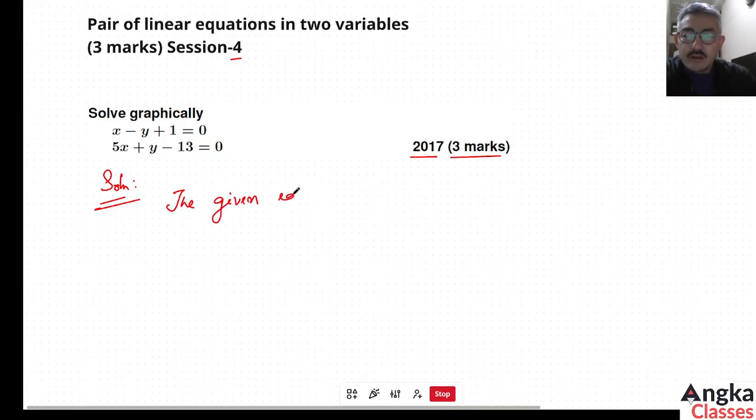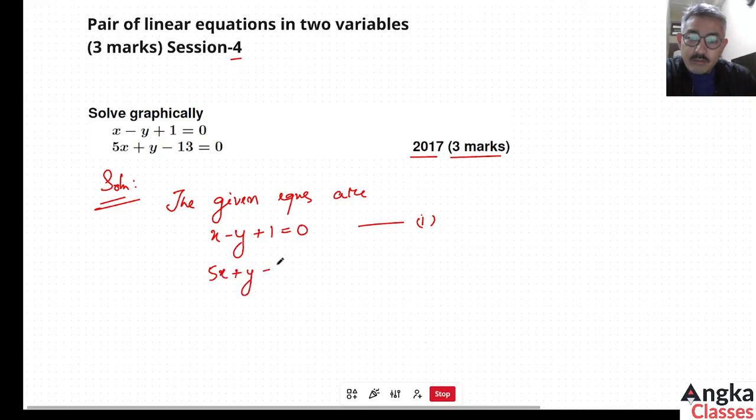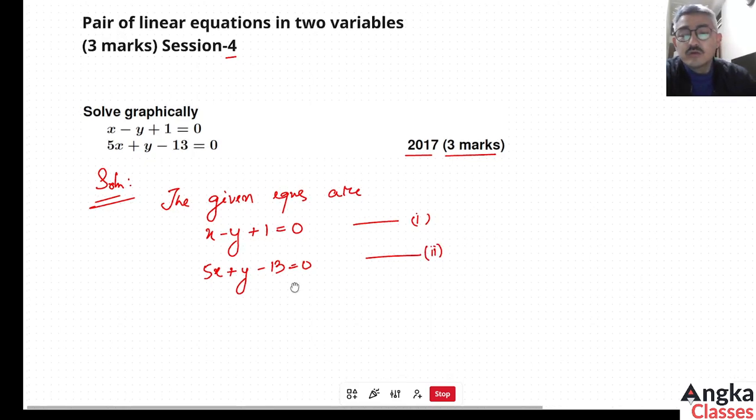So the given equations are x minus y plus 1 is equal to 0. We'll call this equation 1. And 5x plus y minus 13 is equal to 0. We'll call this equation 2.